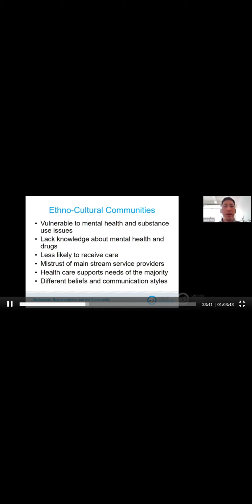So when we're looking at ethno-cultural communities, we know that they are vulnerable to mental health and substance use issues. They lack knowledge about mental health and medications and drugs. They're often less likely to receive care, and there can potentially be a mistrust of mainstream service providers, and there are often different beliefs and different communication styles.